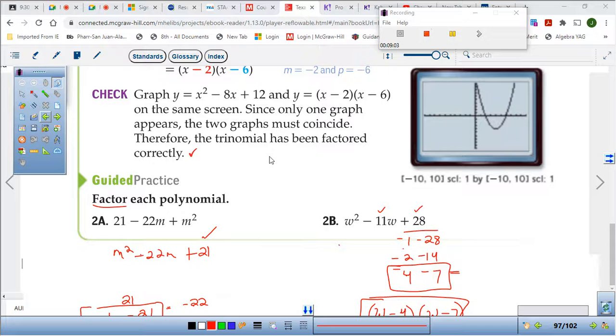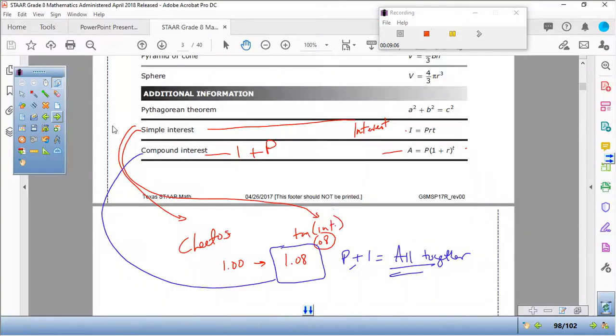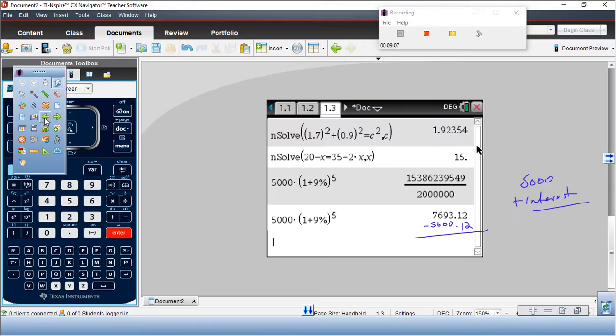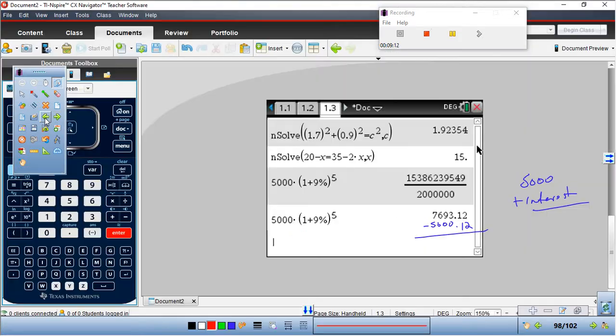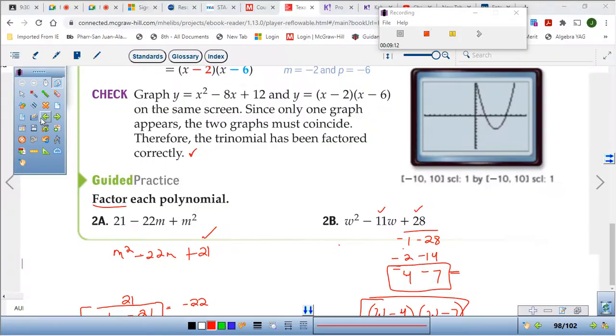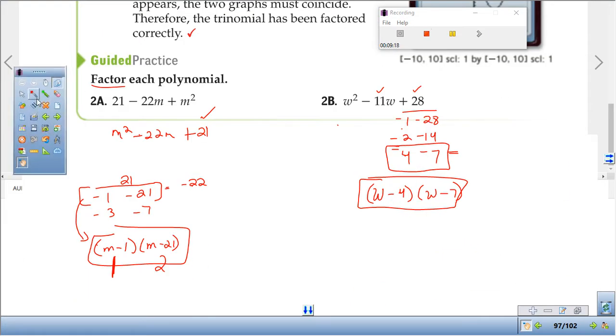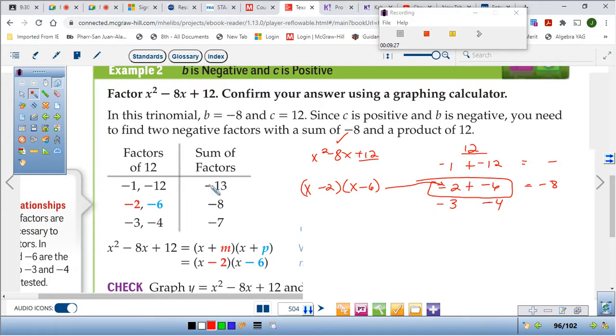What do you mean? Well, if you notice all the factors I've been doing, there's always been one with a bigger number, a bigger absolute value.